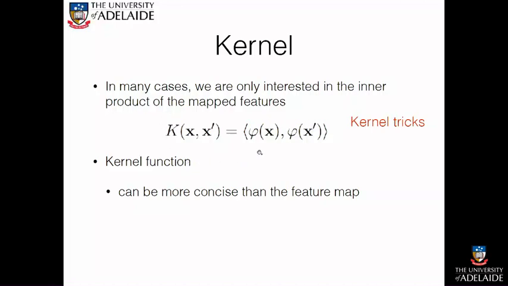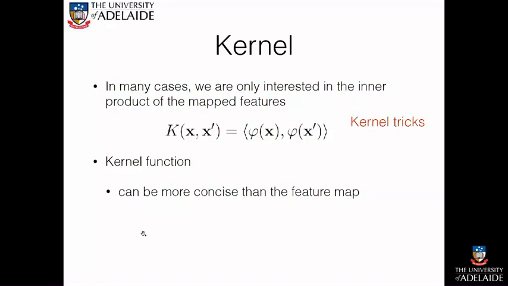You just replace the original feature with this transformed feature, and you don't need to know the transform function explicitly. You only need to know this inner product, which is defined by the kernel function. Okay, so that's the whole idea.